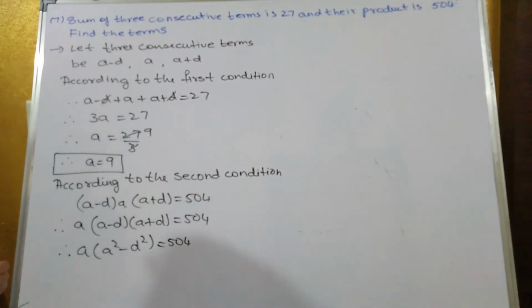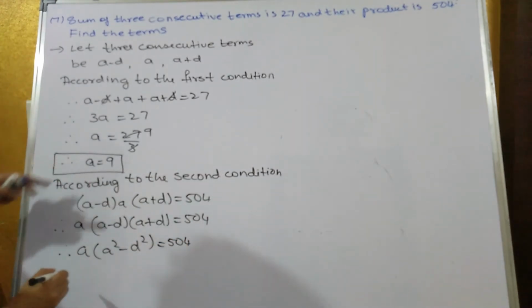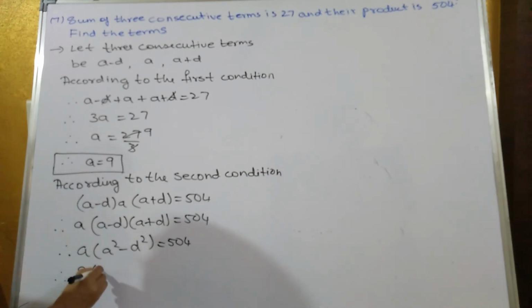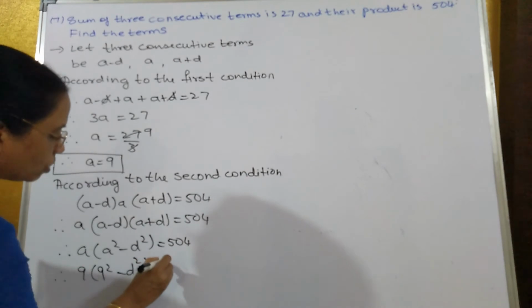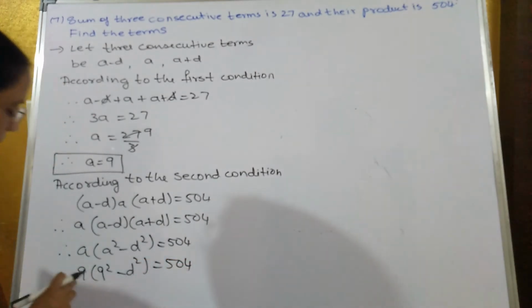Now put the value of A. A we have got 9. So 9 into 9 square minus D square is equal to 504. Now take the 9 on the other side.